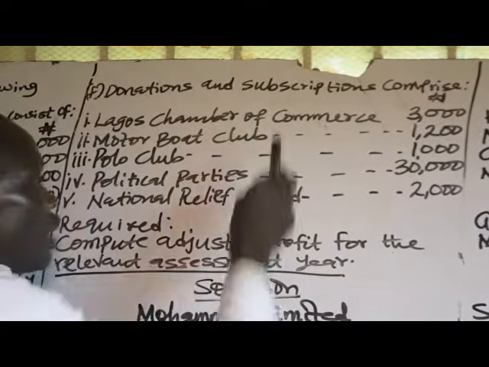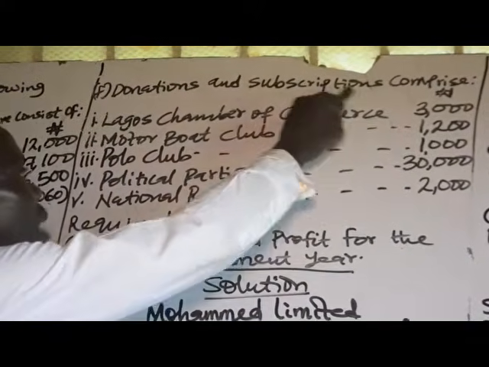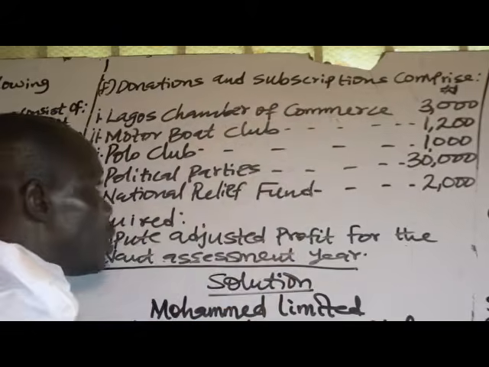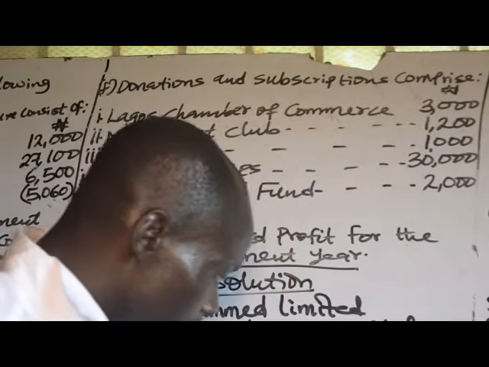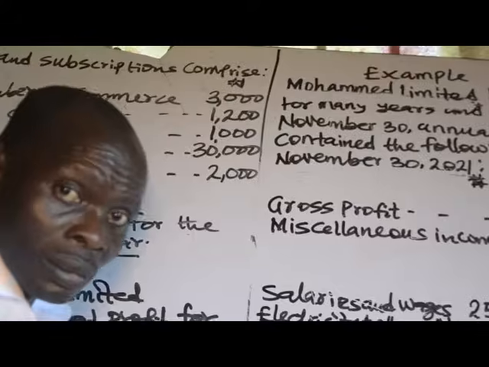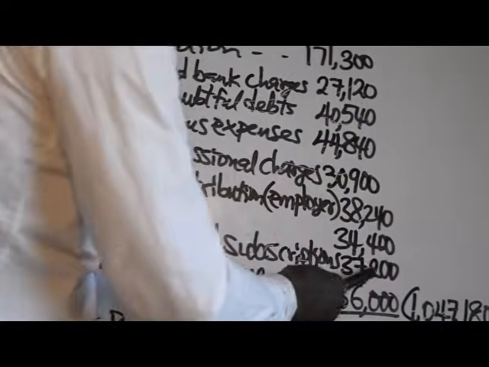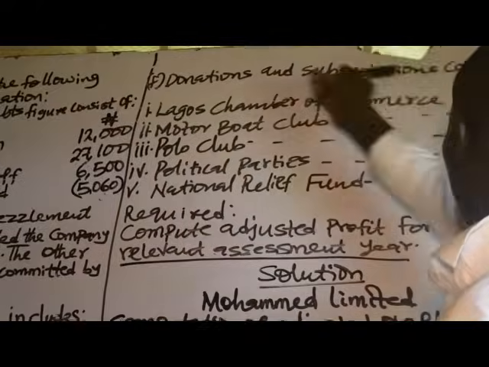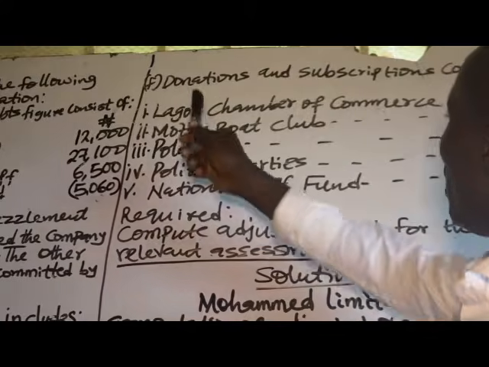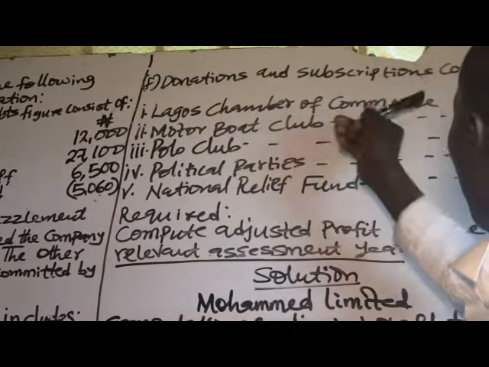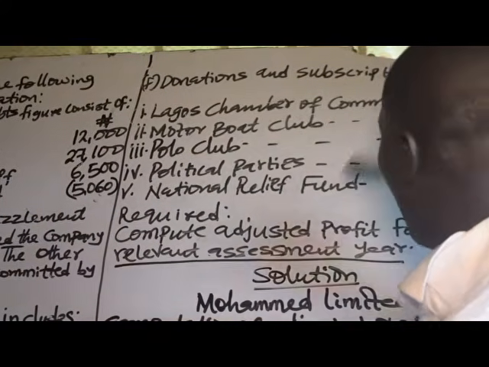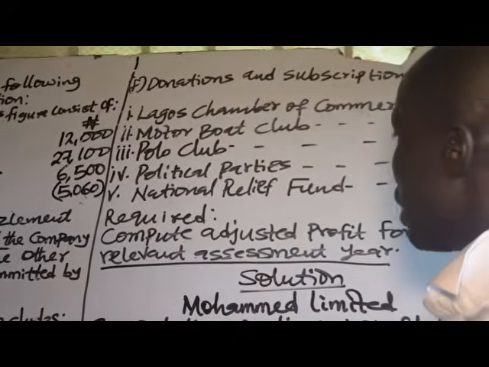Now let's go through the income statement to know if you have any item like donations and subscriptions. Income statement. We have donations and subscription 37,200. And we were now told that donations and subscription comprise Lagos Chamber of Commerce. This is among the list of approved body.